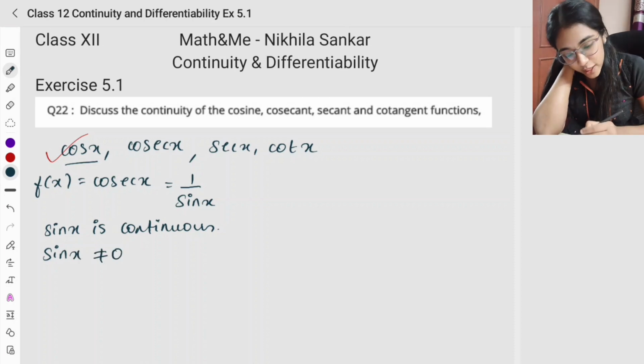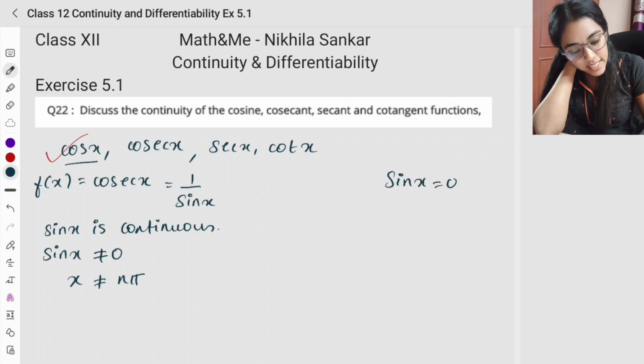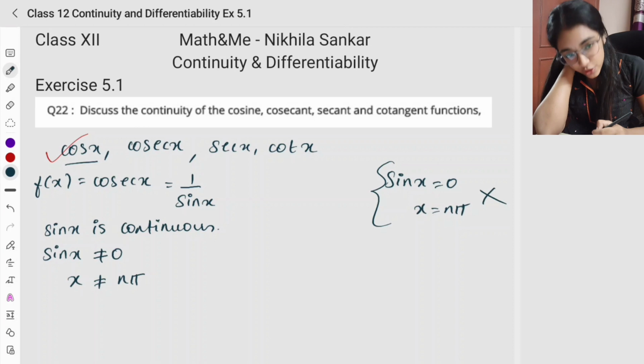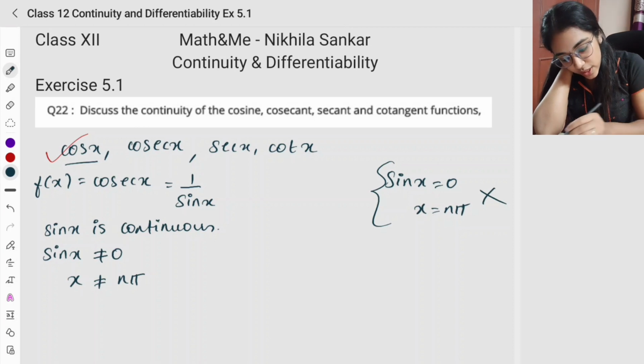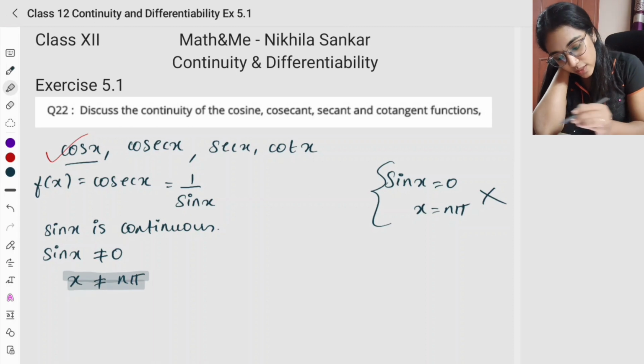So what should be my x value? X should not be equal to n pi. You very well know that the sin value of x is equal to 0 when x is equal to n pi. But this should not be the case. So x is not equal to n pi is my condition. x not equal to n pi means sin x not equal to 0.